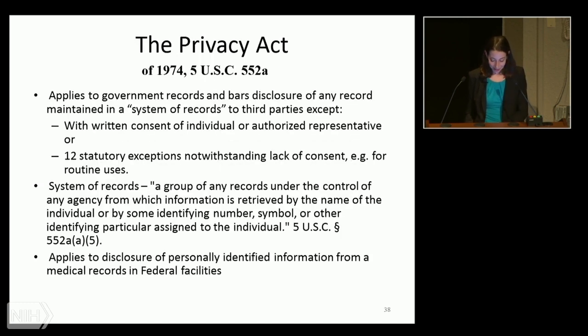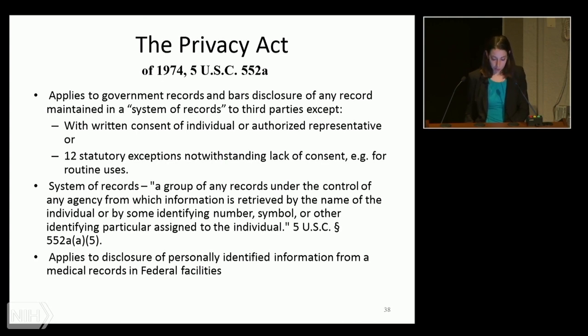Now, the Privacy Act. So the Privacy Act prohibits disclosure of the records as defined on the slide that I've given you. It's basically a record under the control of an agency from which information is retrieved by the name or an identifying number of the individual.